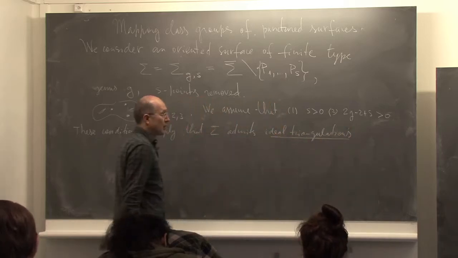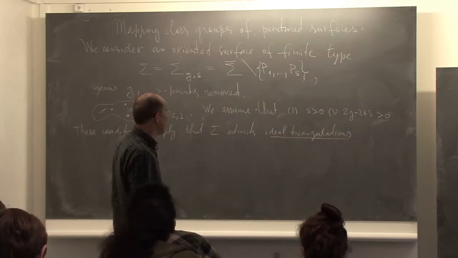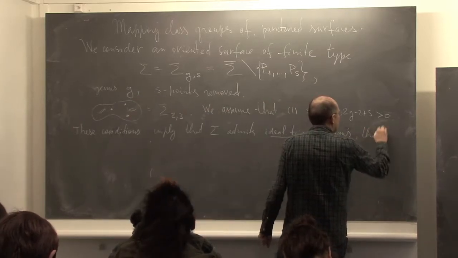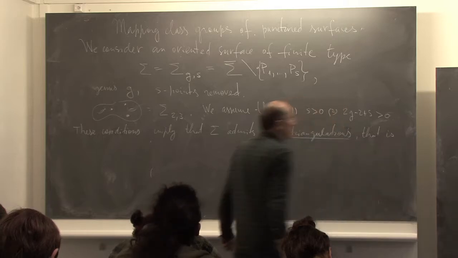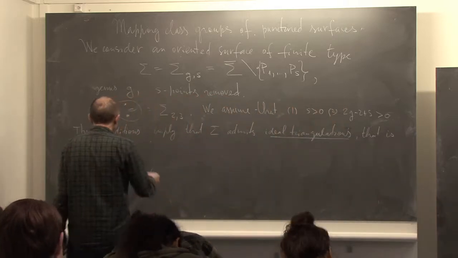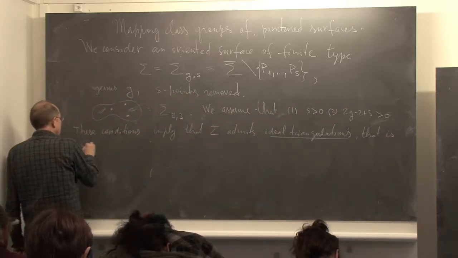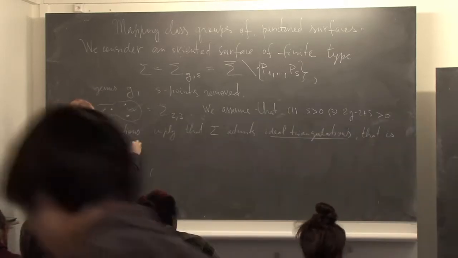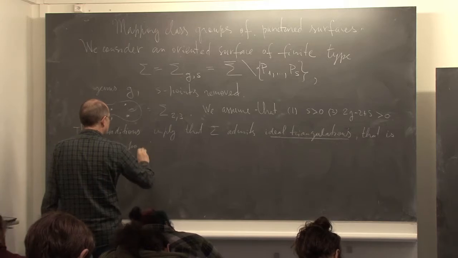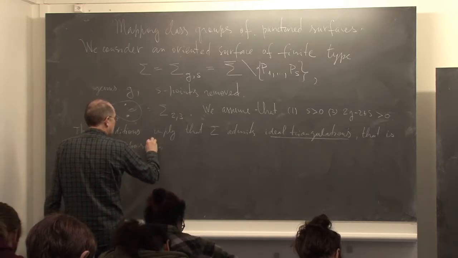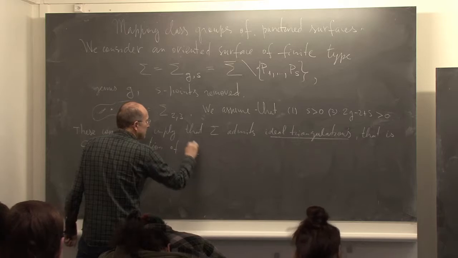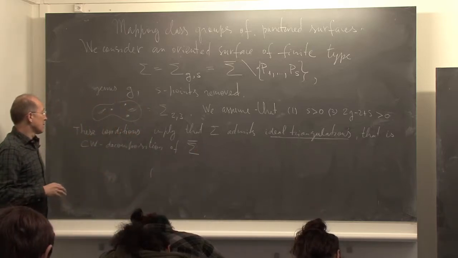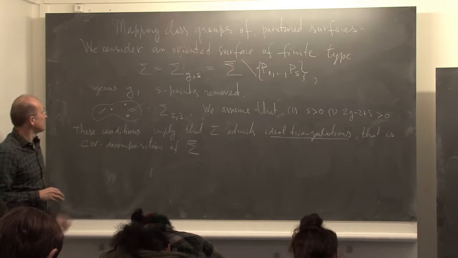This is a key phrase here, ideal triangulations, and that means it's a CW decomposition of sigma bar, the closure, where we add back the punctures.